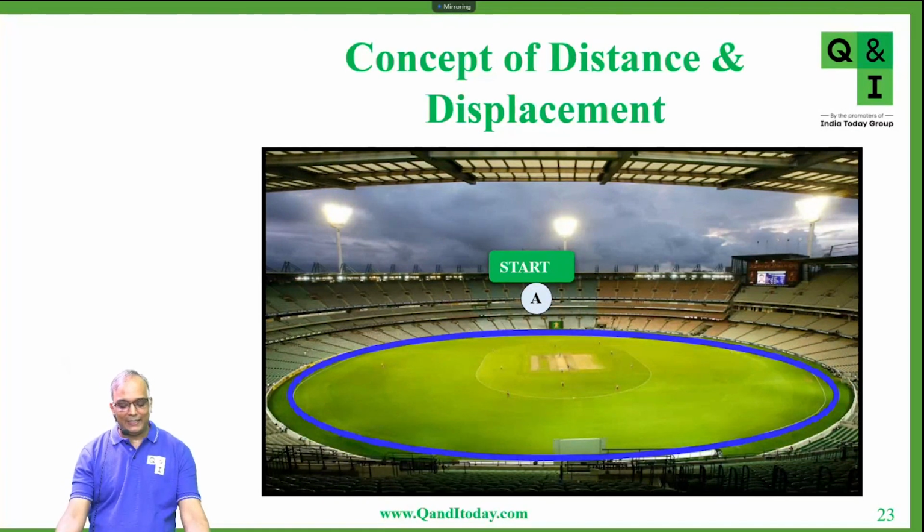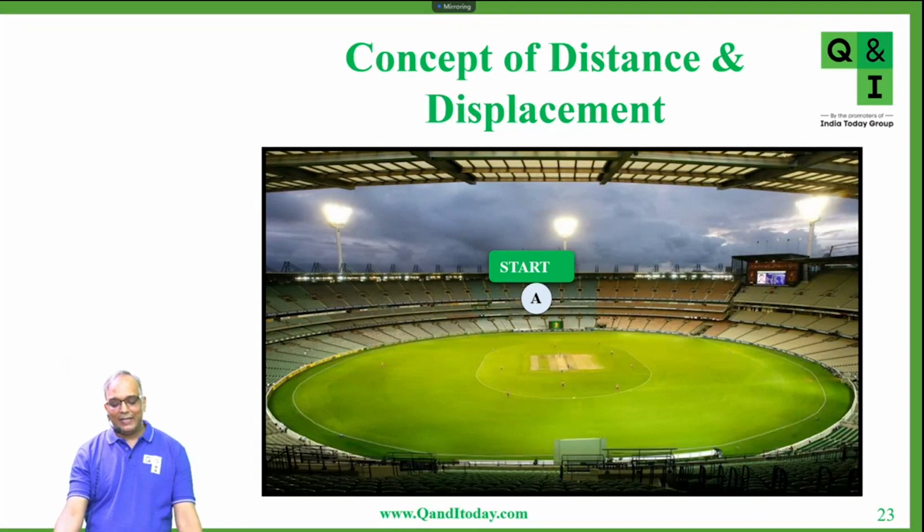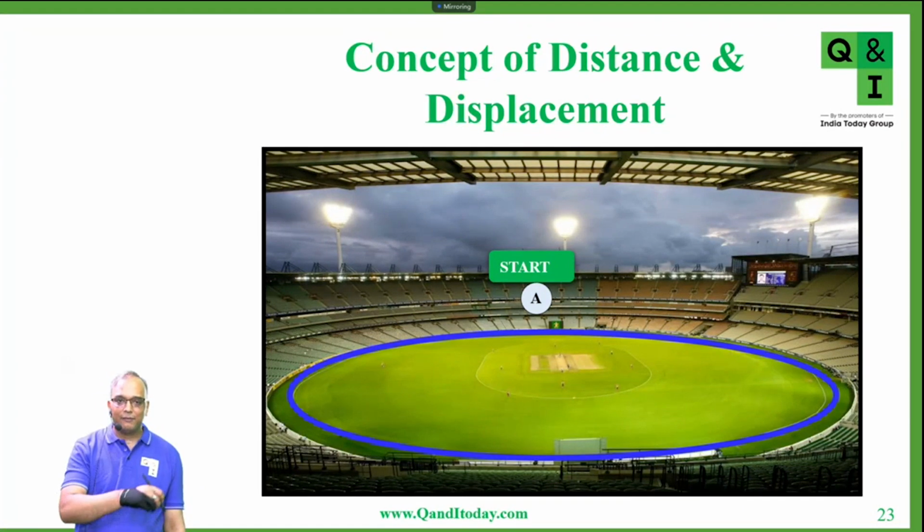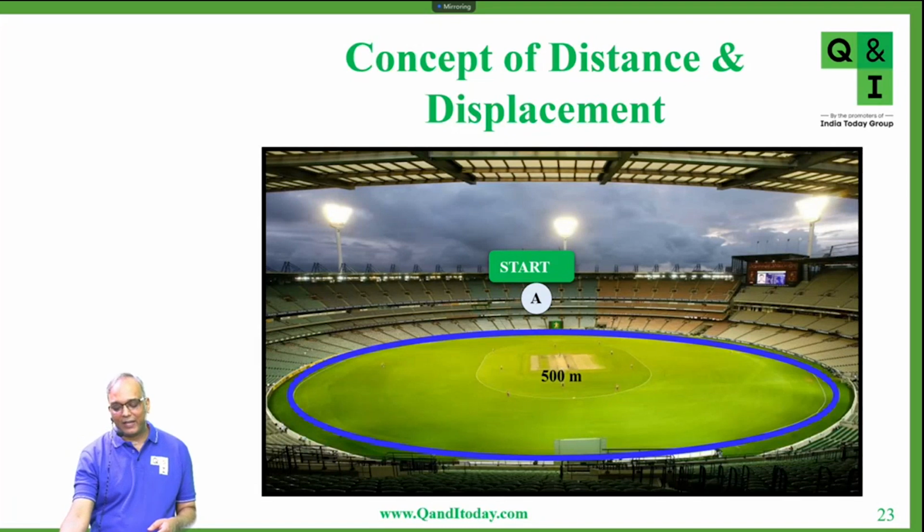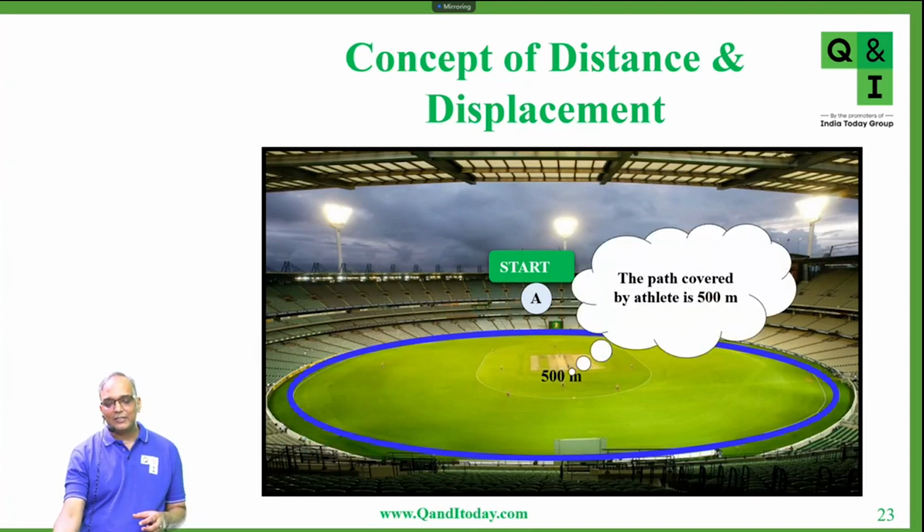Now let's say this athlete completes one complete round of the field. Because half of the circumference was 250 meter, the total circumference will be 500 meter. So the distance traveled is 500 meter in this case.